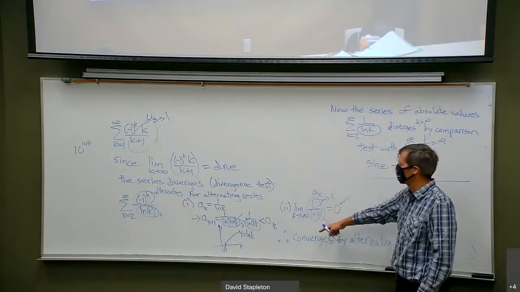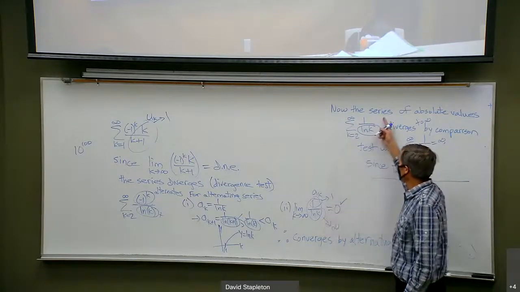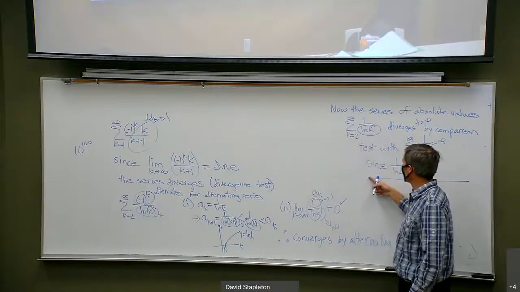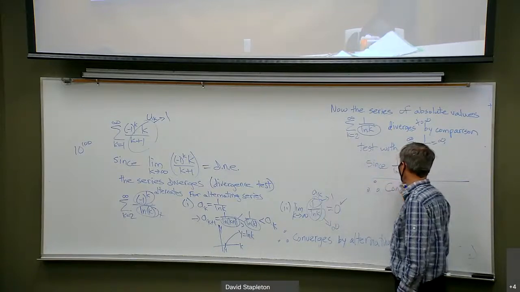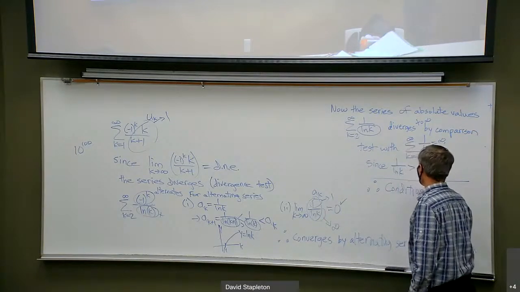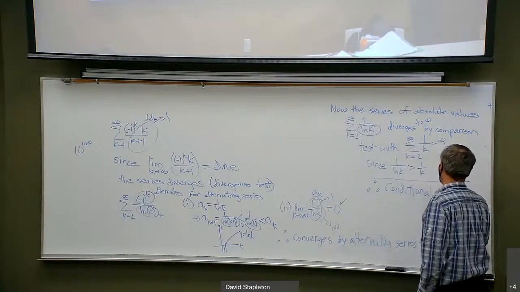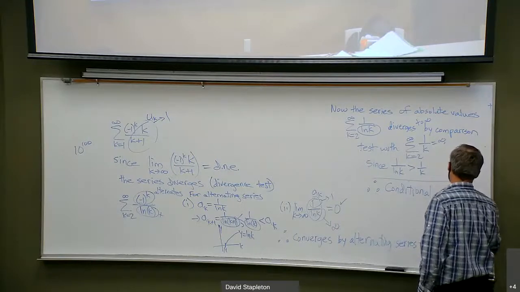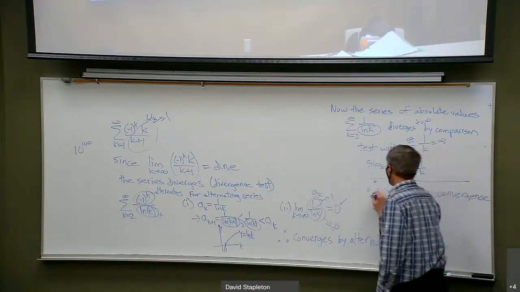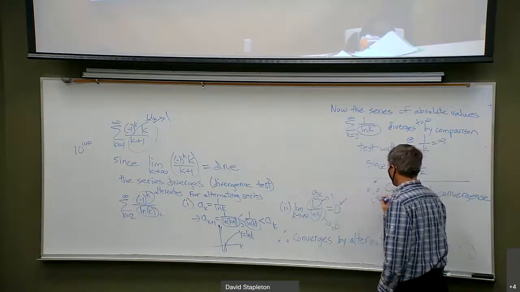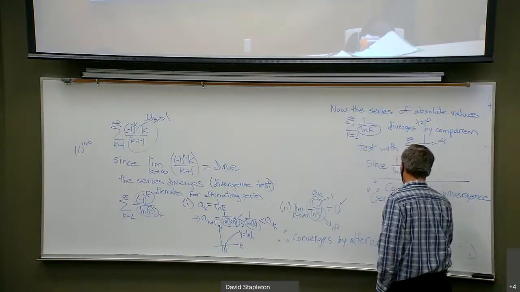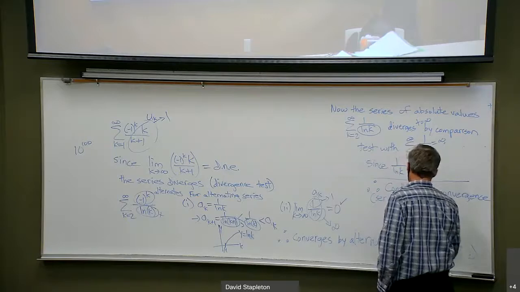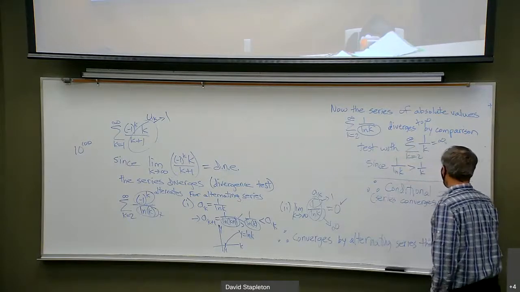It just takes a long, long time. But the series of absolute values diverges. Therefore, we have conditional convergence. Write that down. The series converges by the alternating series test, but the series of absolute values diverges.